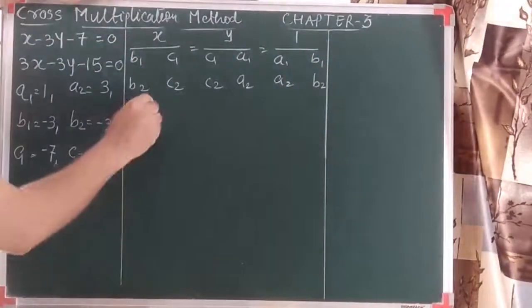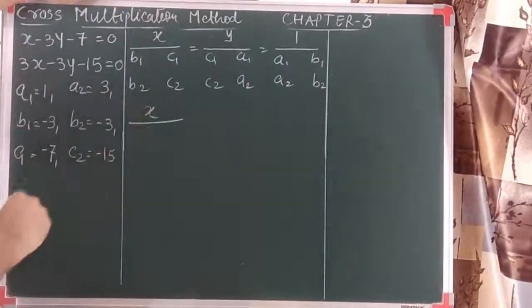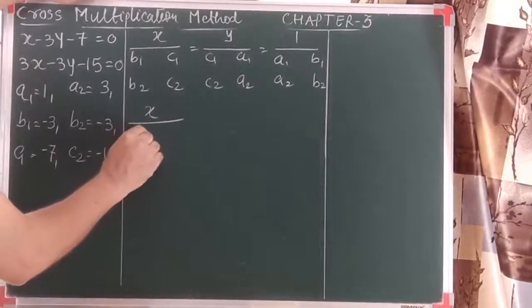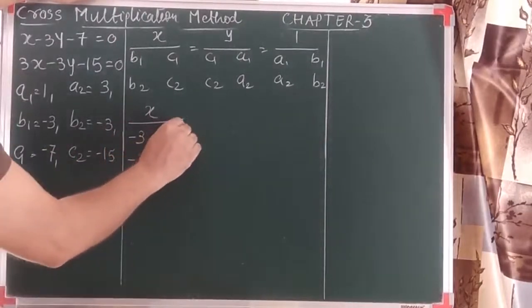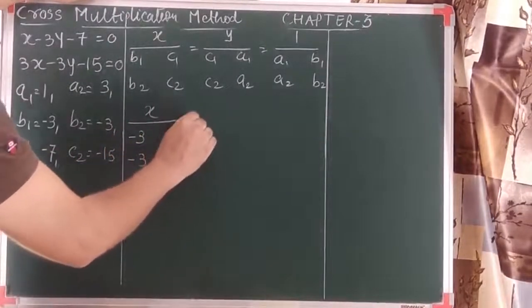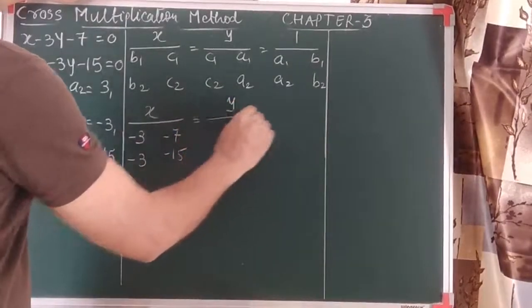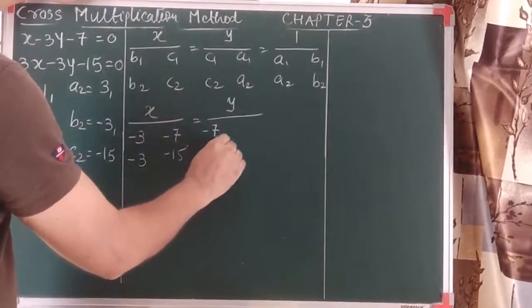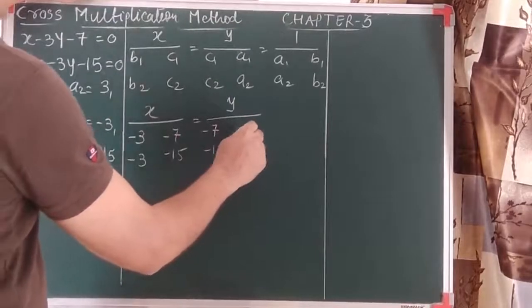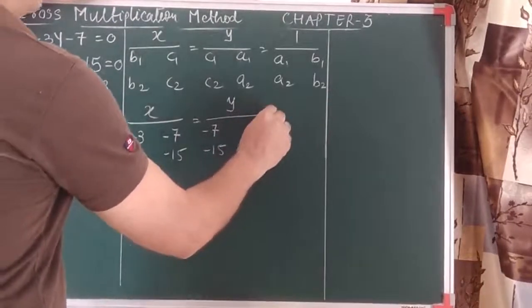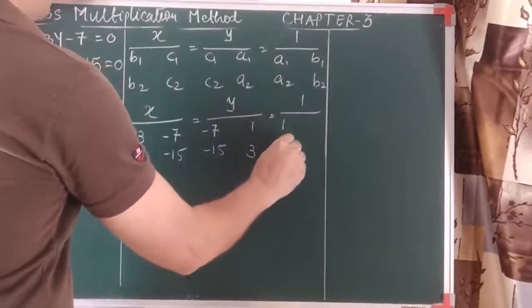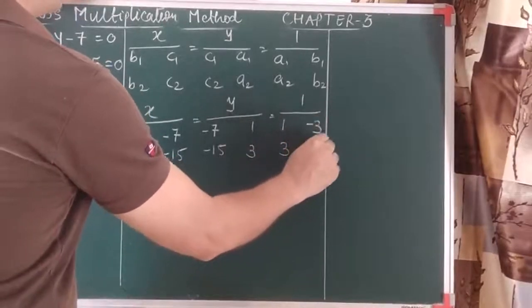Let us substitute the values. b1, b2 is -3, -3, c1, c2 is -7, -15. Then y upon -7, -15, then 1 and 3. Then the constant: 1 and 3, -3 and -3.